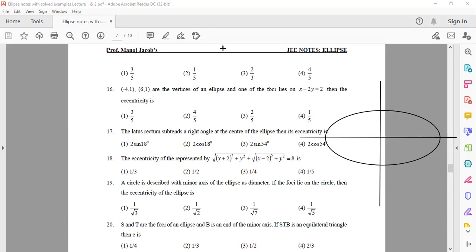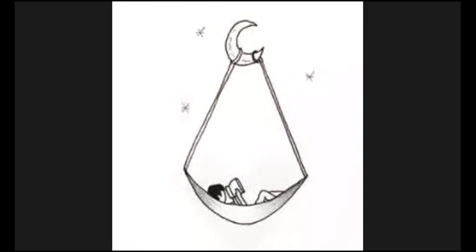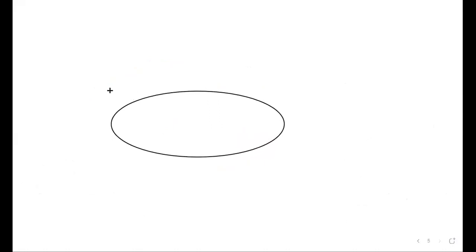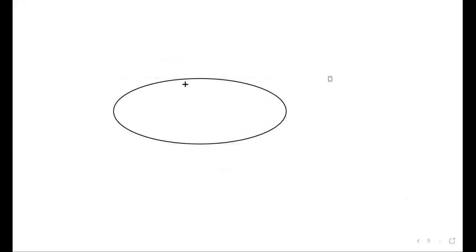You have to have a circle with the minor axis as the diameter. Can you imagine? I will not be able to draw it here. I hope you understood.